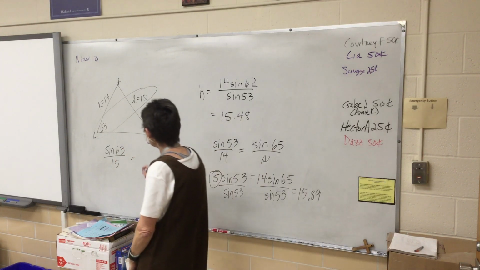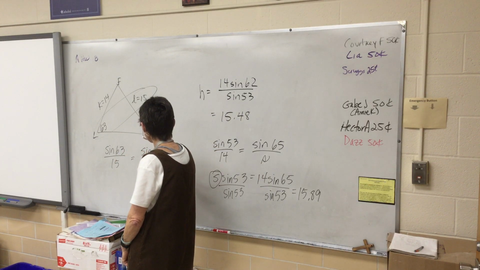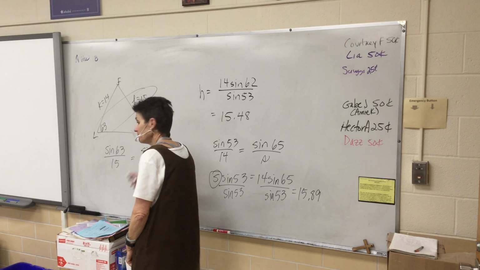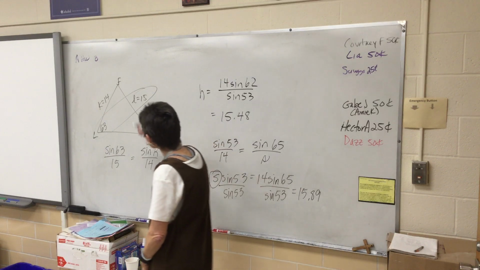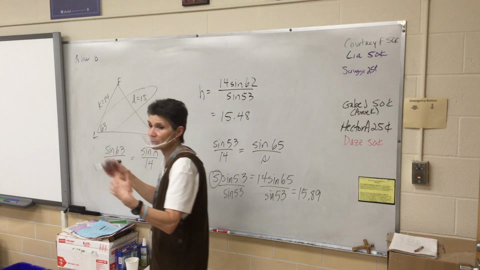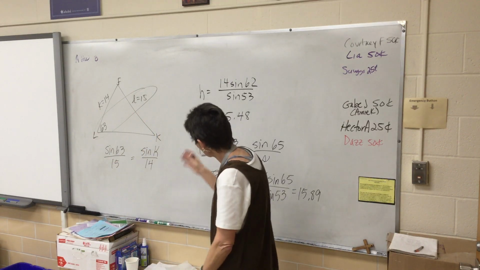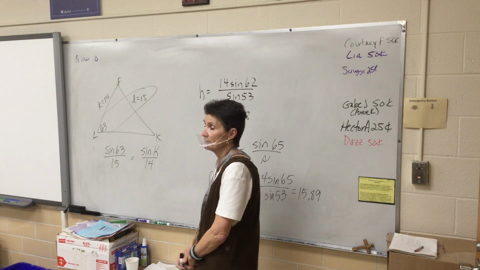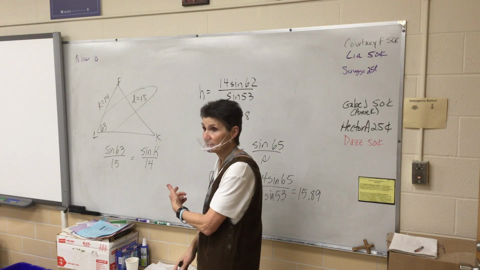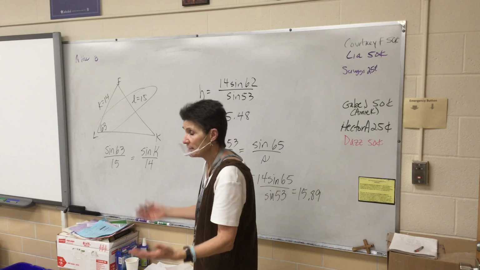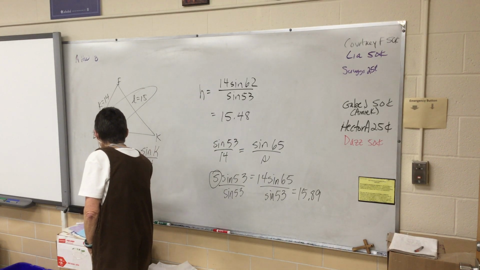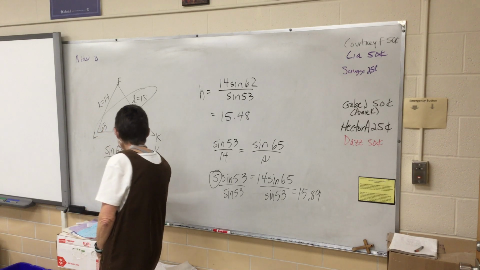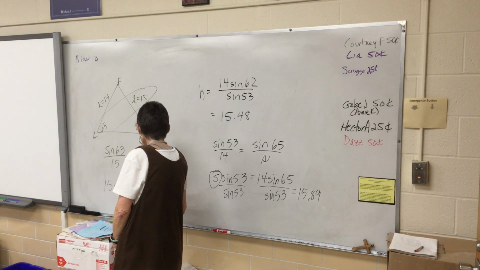And then we'll say sine K over 14. We don't say sine F over F because we don't know either one of those. So we say sine K over 14. Is that okay? Now we cross multiply, just like we do. 15 sine K equals 14 sine 63.